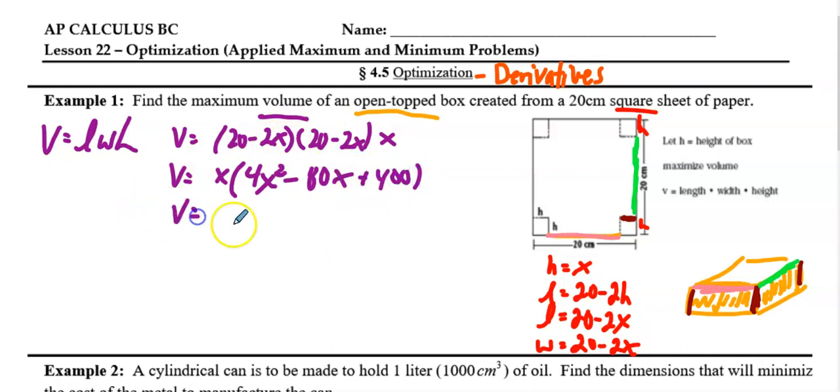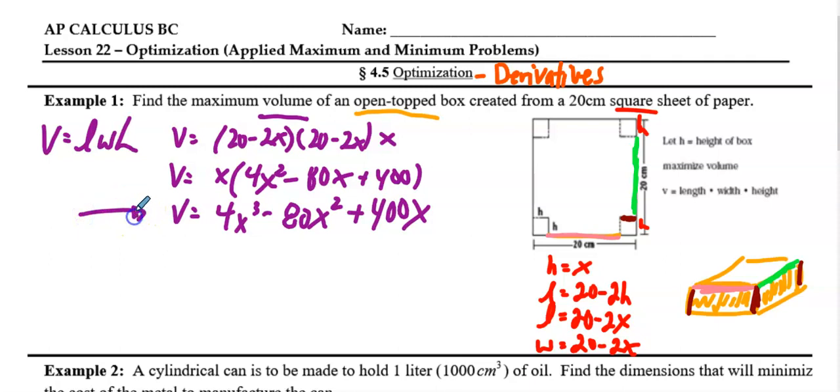And then we get that the volume is equal to 4x cubed minus 80x squared plus 400x. So that's the equation that represents the volume of this rectangular prism. So this gives us what our volume is. But we want to optimize it. We want to know what are the best dimensions that we can use to optimize this box.